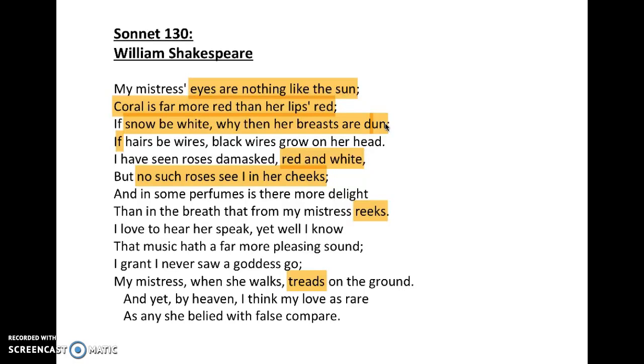So that means it's going to be heavy and loud and not as graceful as a goddess. So he's contrasting a goddess to how his mistress treads on the ground.